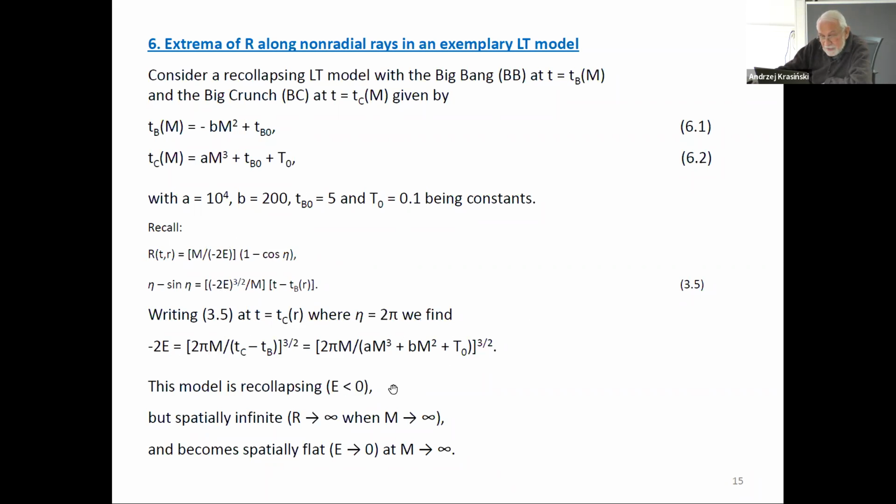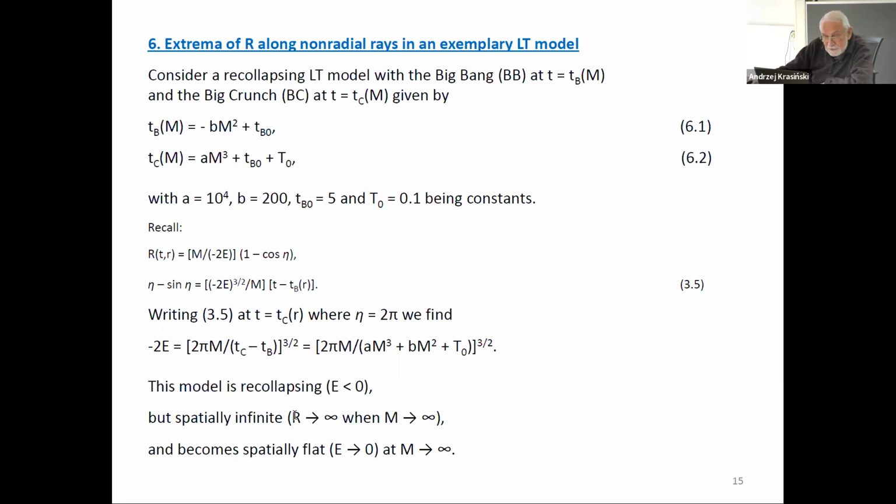So you see it's negative, so the model is recollapsing, but it's spatially infinite because m has the range from 0 to infinity. And when m goes to infinity, you see e goes to 0, so m over 2e goes to infinity too, so r goes to infinity.